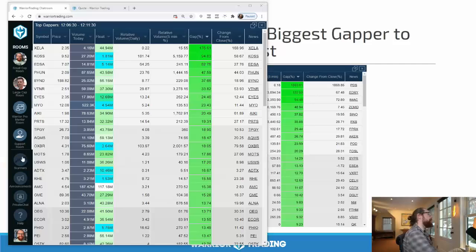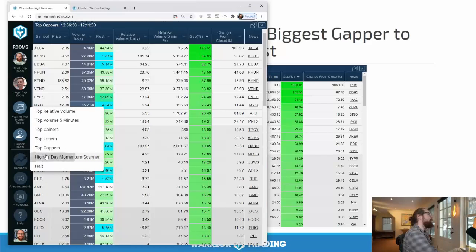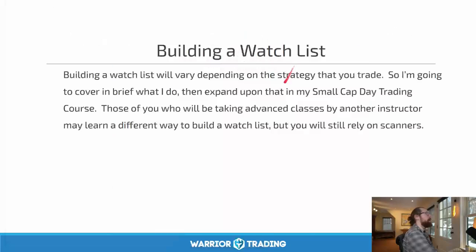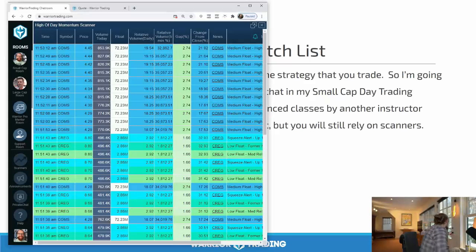And so if we go back into the scanners window, the high day momentum scanner is the scan that's searching stocks moving in the market right now. Now the process of building the watch list, again just in brief, is what I showed you there on COSM. I usually go through just the top 5 or 10 gappers.